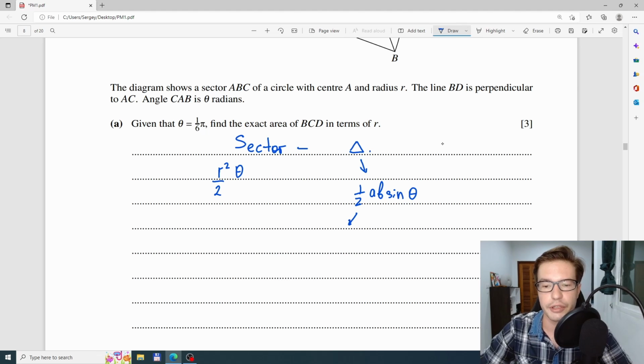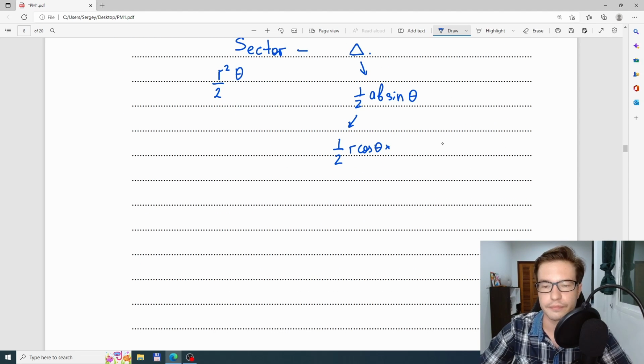And for the area of a triangle, I will get 1 over 2 cosine theta times r times sine theta. So the area equals r squared over 2 theta minus 1 over 2 r squared sine theta cosine theta.